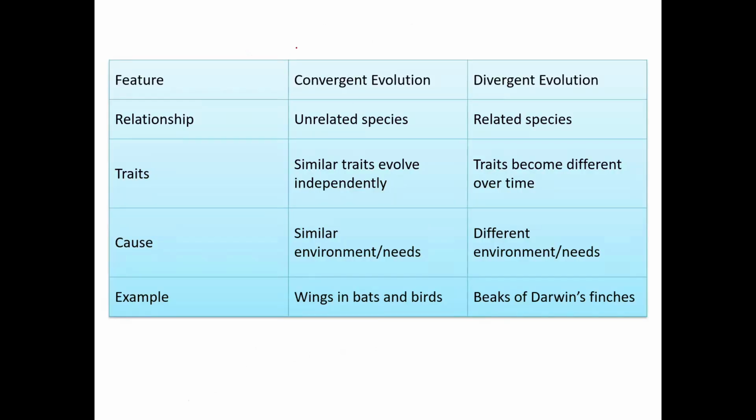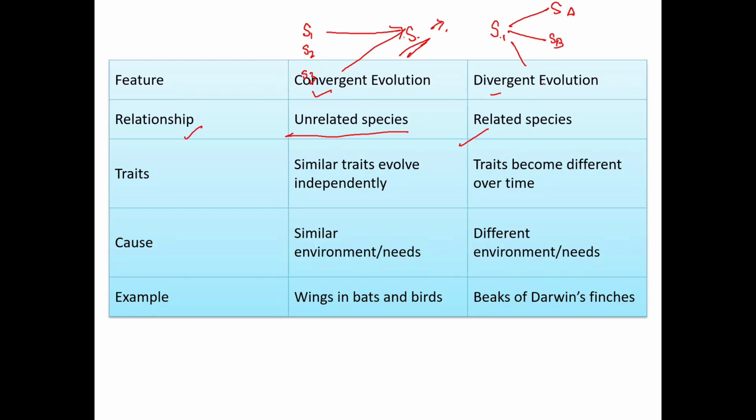Okay, let's differentiate between convergent and divergent evolution. Convergent is for unrelated species S1, S2, S3. They form a single, common group which shares some common feature or function. Divergent evolution is for related species. Species 1 differentiates and forms new varieties of species. This is divergent.